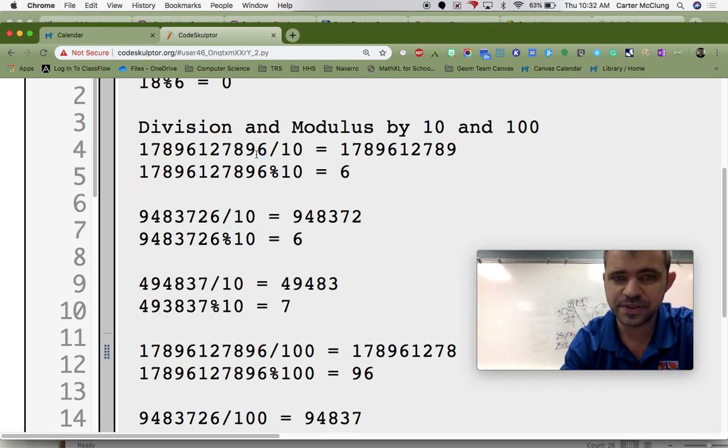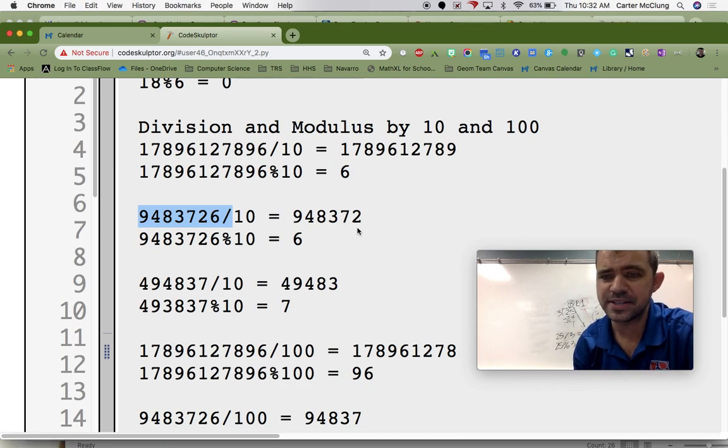So look what happens with this number. We've got this big, long, nasty number, but all that happens when we divide by 10 is it gets rid of the 6. Same thing here. We've got this big, long, nasty number, but when we divide by 10, instead of moving the decimal place over, it just gets rid of the last number. So that's going to happen every time we divide by 10.